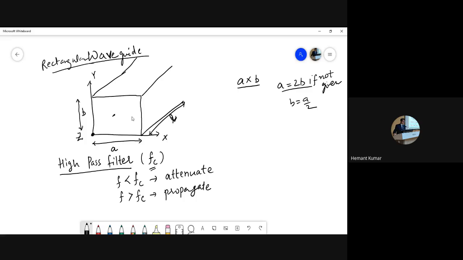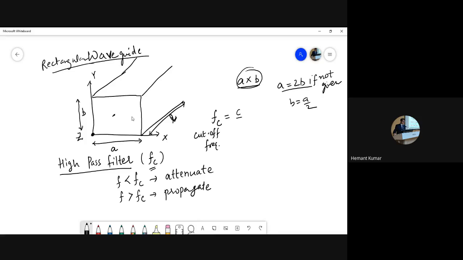I will write some formulas that will be very useful for calculating some characteristics of this waveguide. The first formula is the cutoff frequency. The waveguide and its dimensions will be given to you, and you need to calculate the cutoff frequency.